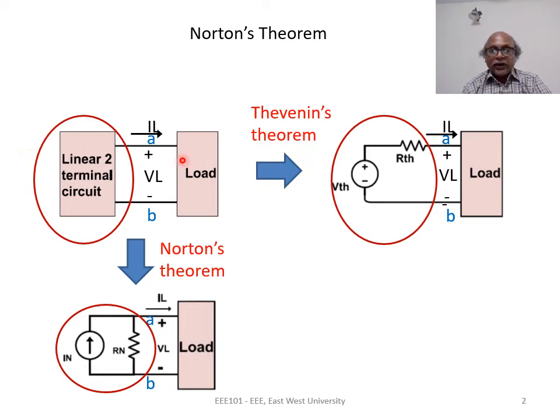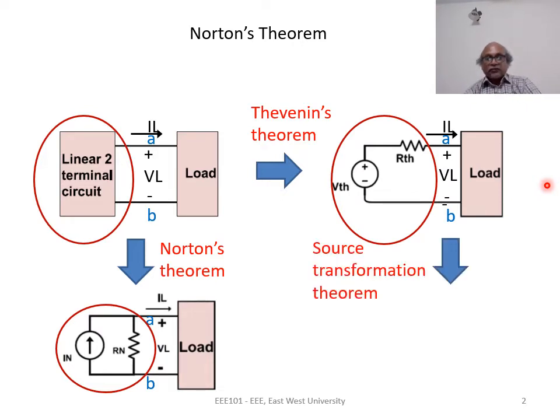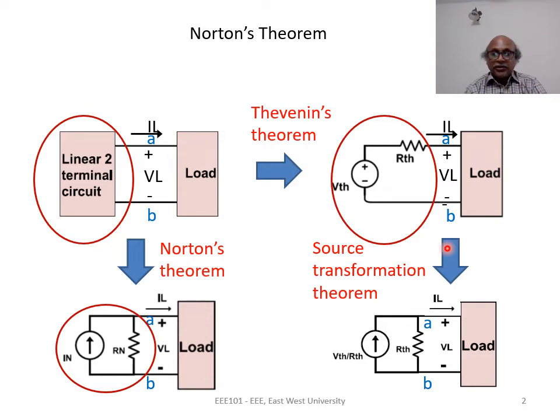In Thevenin's equivalent circuit, we have a voltage source in series with a resistance. So we can transform this equivalent circuit using the source transformation theorem and obtain an equivalent current source in parallel with a resistance. If we apply the source transformation theorem, this is the circuit that we get. Here, the value of the current source is VTH by RTH, and the parallel resistance is equal to RTH.